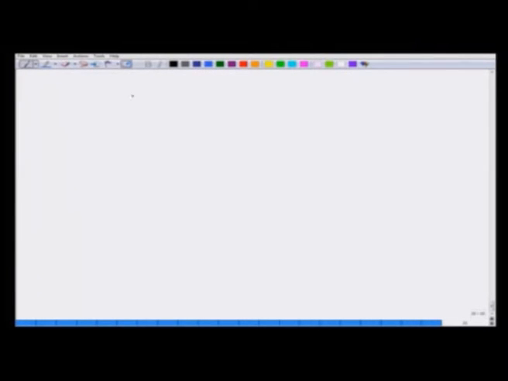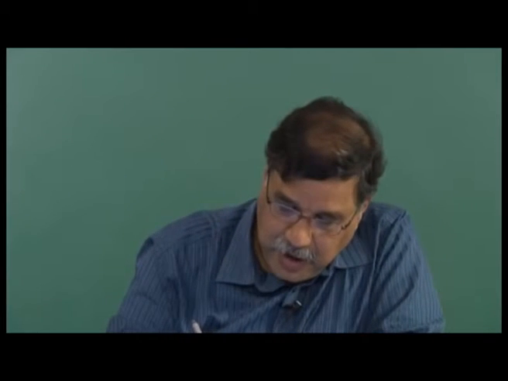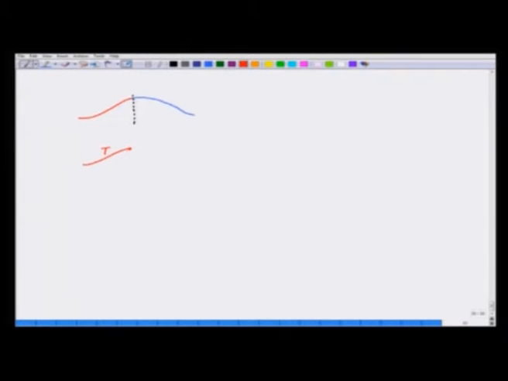If I had this boundary where on the left hand side I have this displacement, on the right hand side I have another displacement, then at the boundary, if I look from the left hand side, there is tension T in the string. Recall that I am taking a very small amplitude, so T remains the same, and therefore, this point feels a force of T at an angle theta.